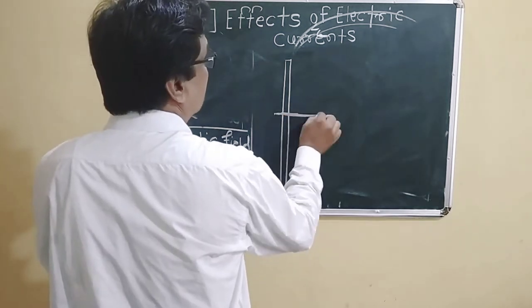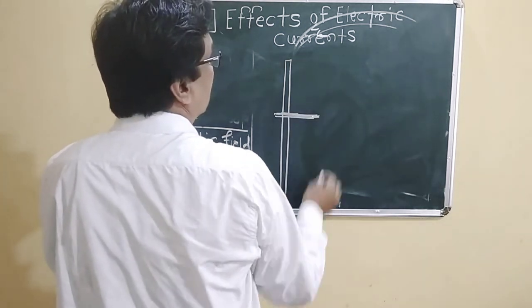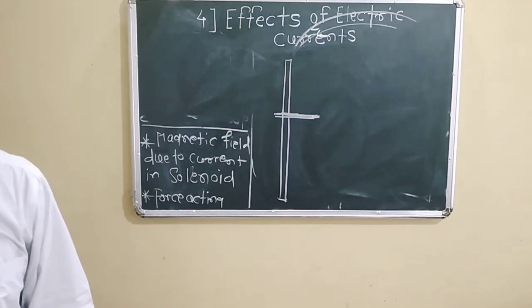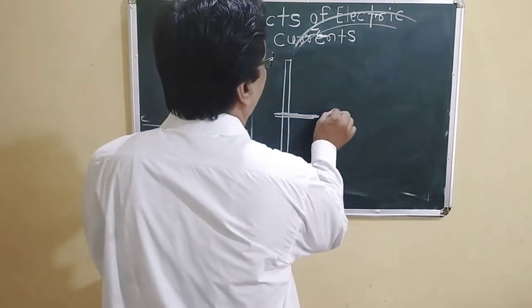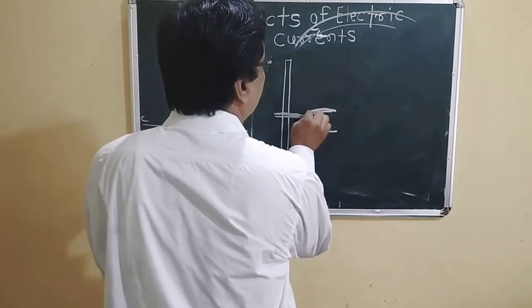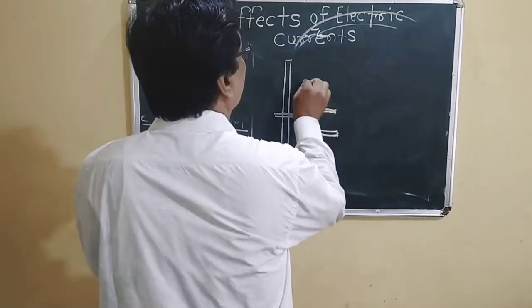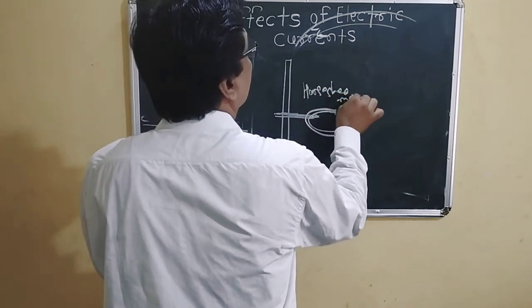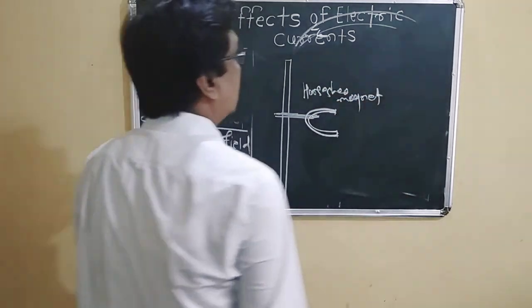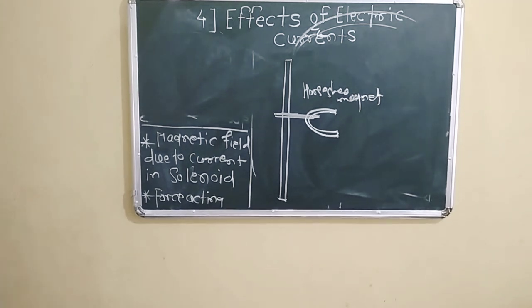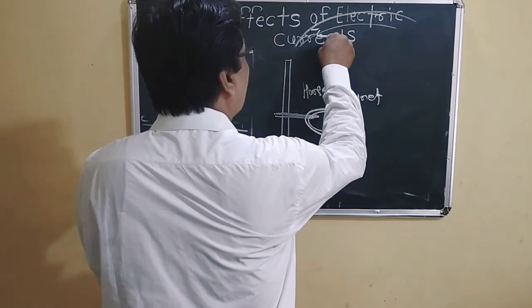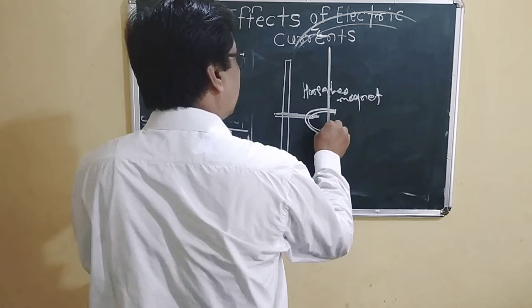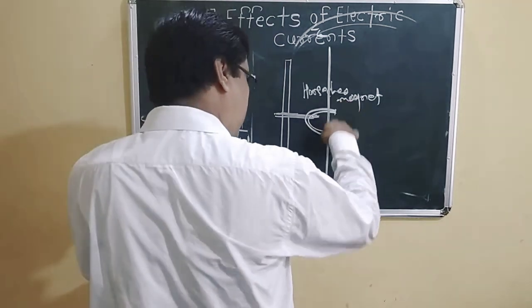We have to adjust a horseshoe magnet. Here is the horseshoe magnet, and we can align a straight conductor which is passing through it.